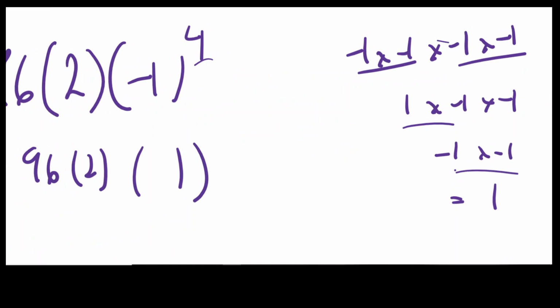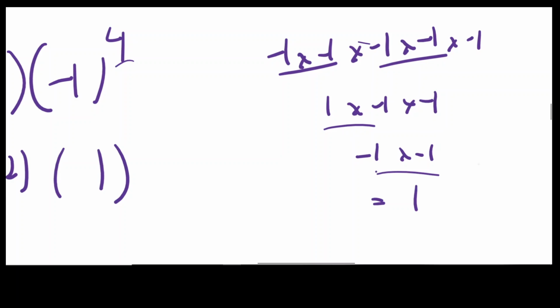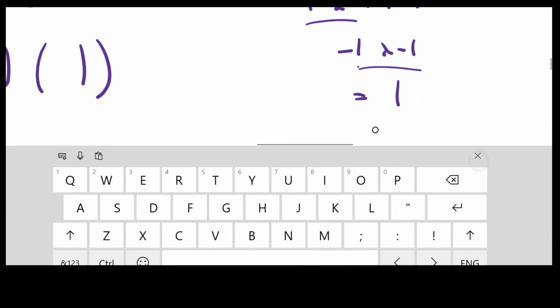And when you have an even number of negatives, they kind of match up and make positives. So if you have an even power, you'll end up with a positive answer. If you have an odd power, if it was -1 to the power of 5, you'd have one left over that doesn't match up to make a positive, so your answer would stay negative.